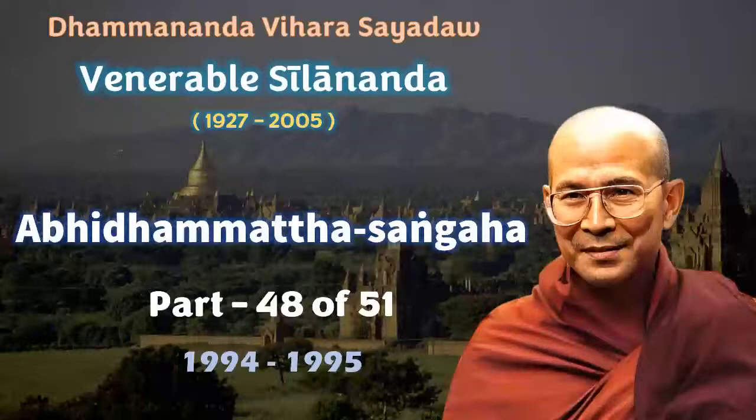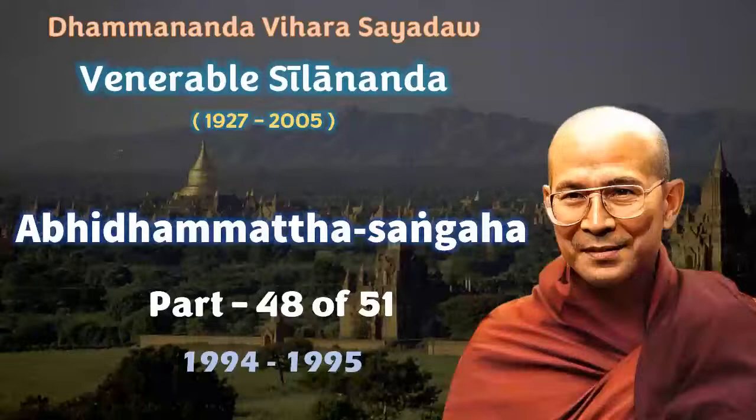The first one, formations of merit, in Pali is called punya sankhara. The second, formations of demerit, apunya sankhara. And the third, formation of the imperturbable, aninja sankhara.